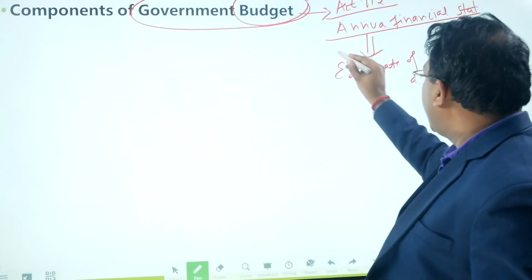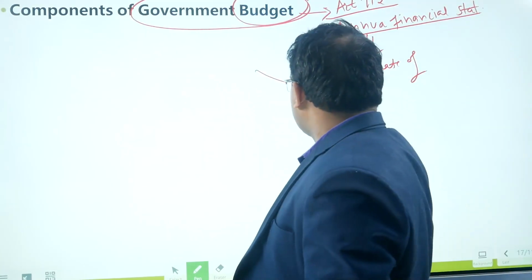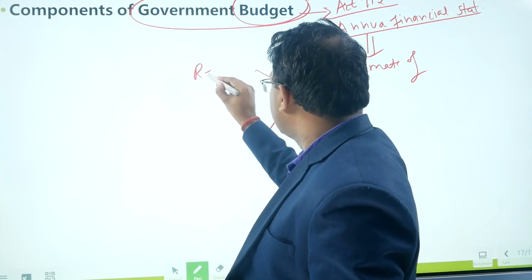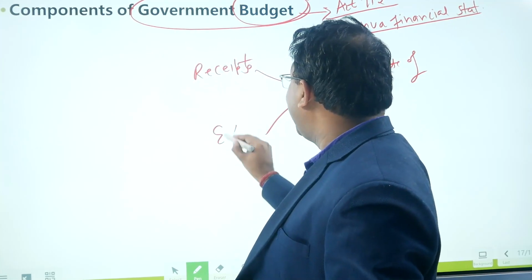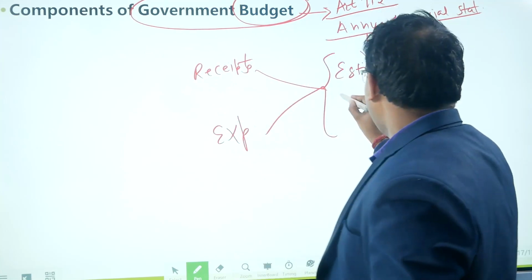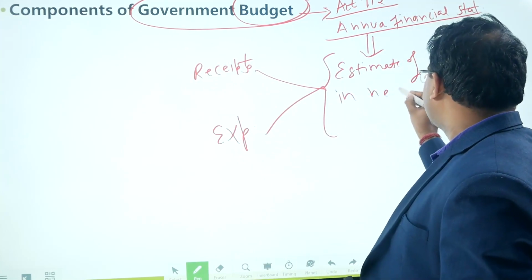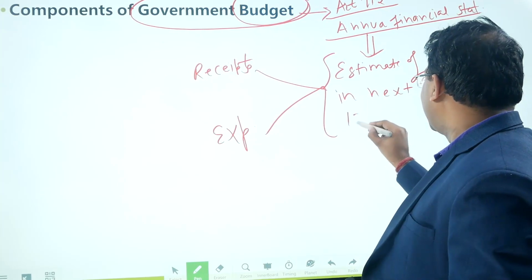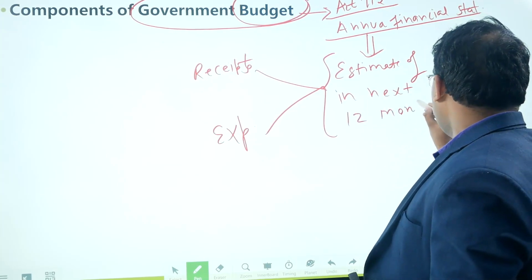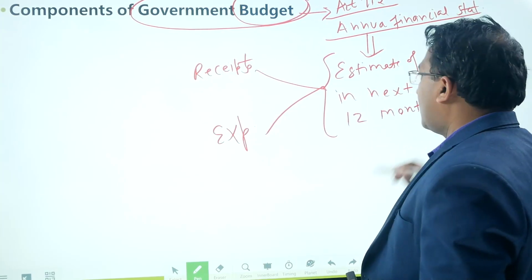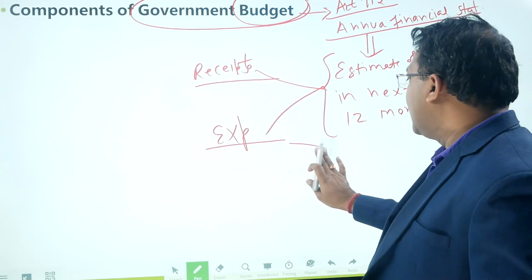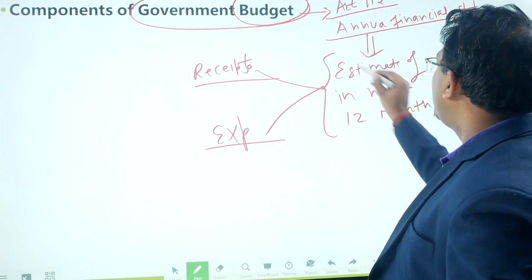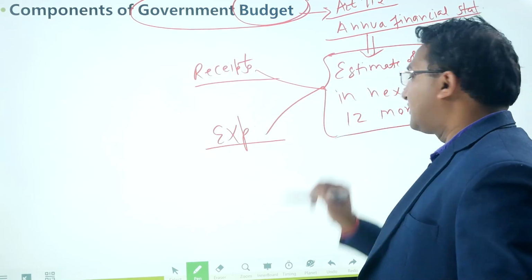of the receipts and the expenditure in the next 12 months, right? So what is the estimation of receipts and what is the estimation of expenditure in the next 12 months, that is being given in the annual financial statement.